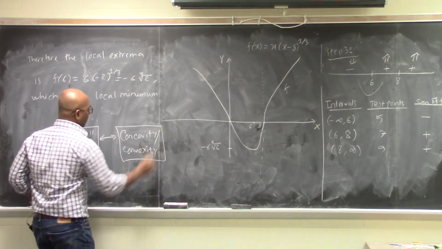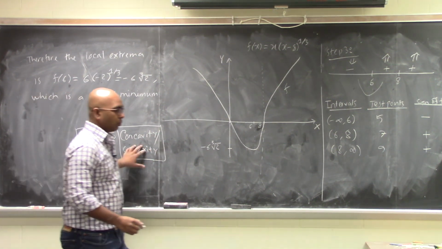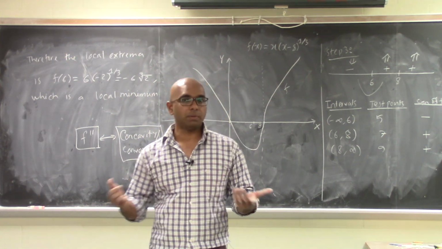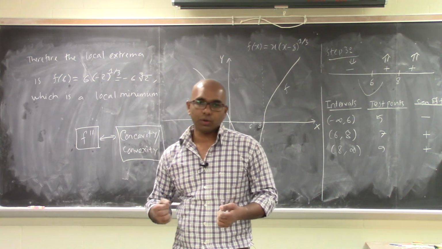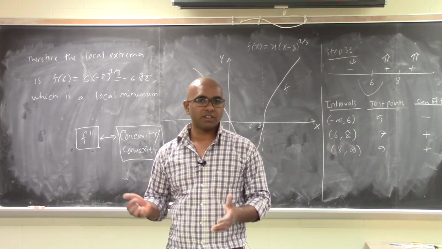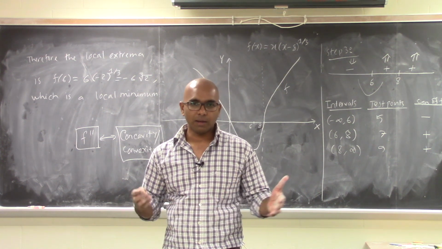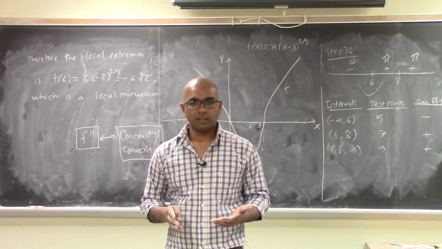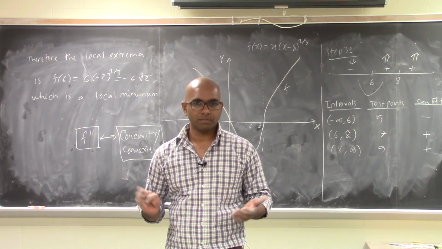Okay, and that will give us a better idea of the shape of the graph. And that's what we are going to do next time. I hope this makes sense, and I hope you have enjoyed this long episode on extrema. It's long, but it's not too bad. But anyway, see you next time.